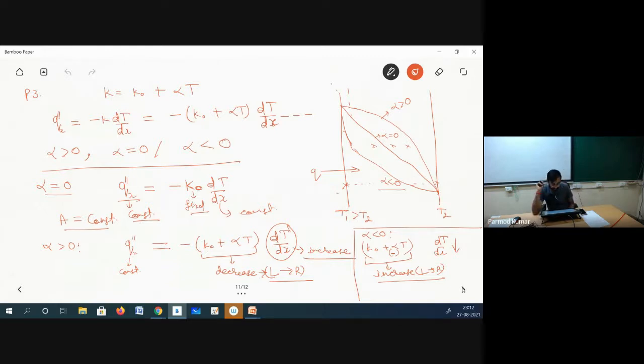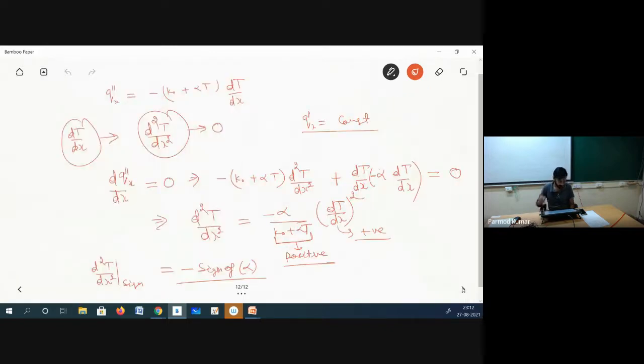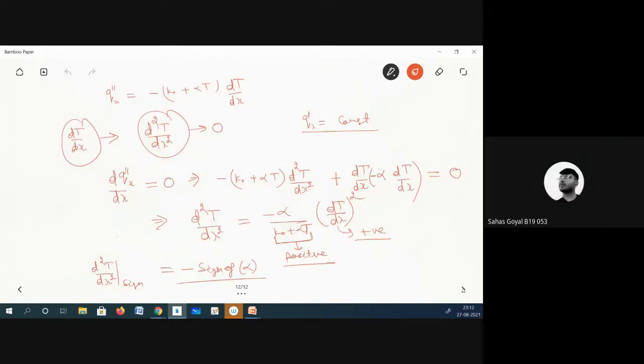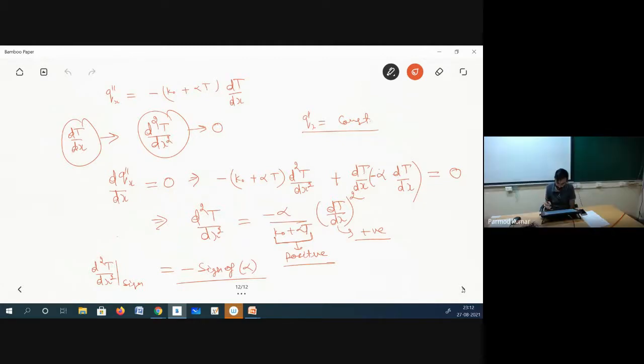Mathematically, how can we determine this? Sir, I could not get the gradient part. Can you please explain it again? Okay. If you have to get the value of d square T by dx square for alpha less than 0, it has to be positive. Yes, sir.